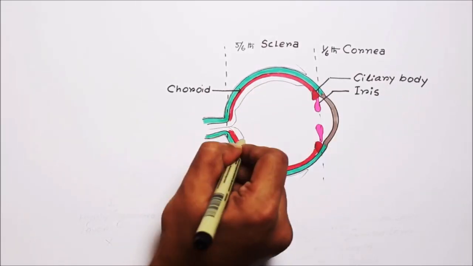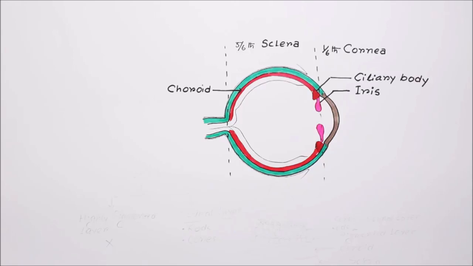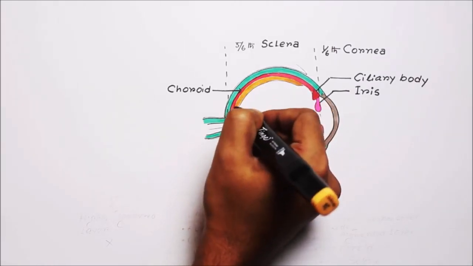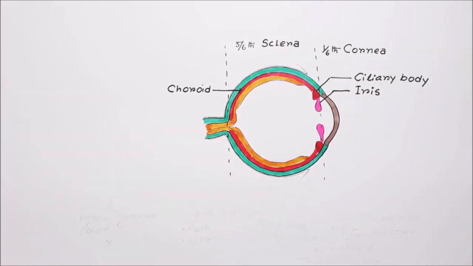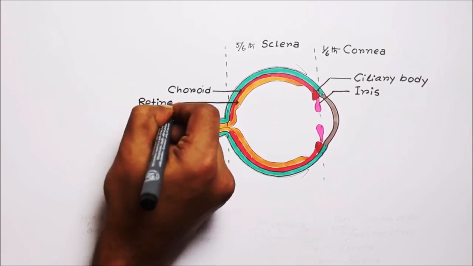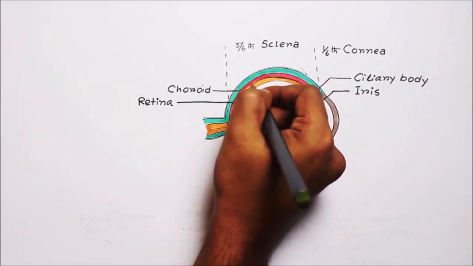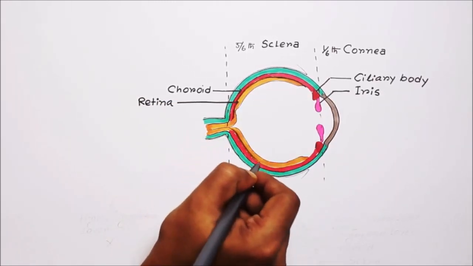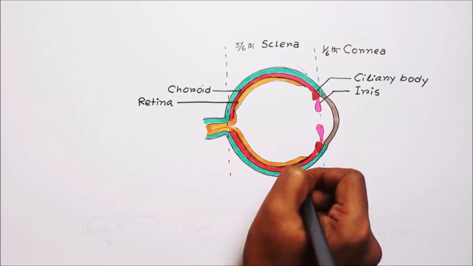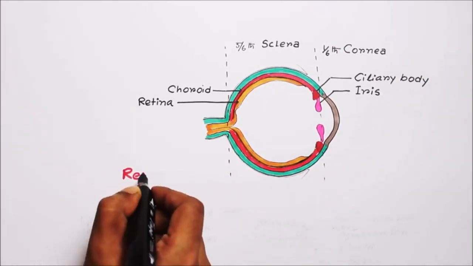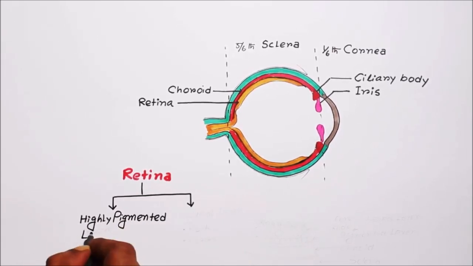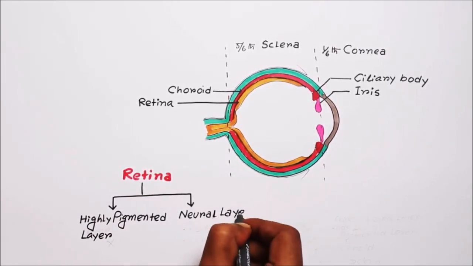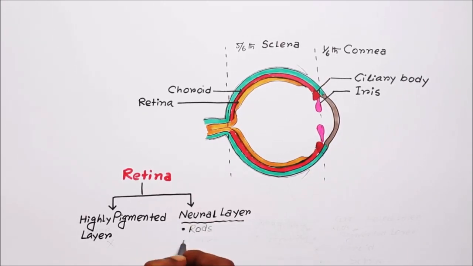Inner to this is nervous coat, which is concerned with the visual function and is known as retina. There is a hyperpigmented layer in retina which prevents dispersion of light.